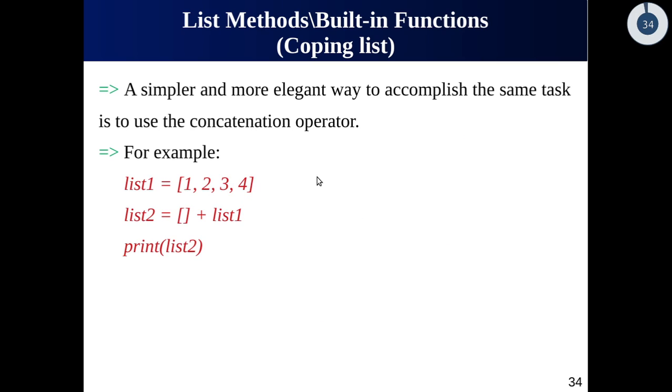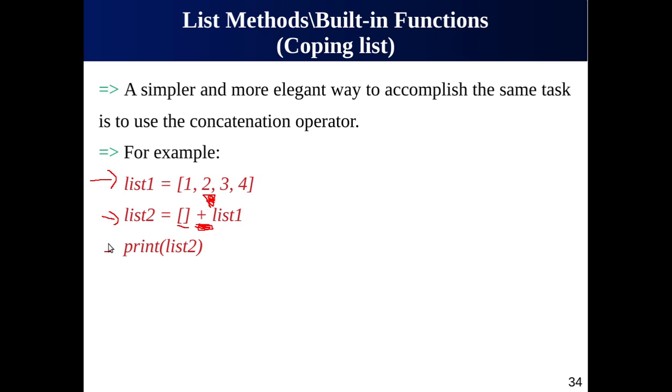We also have another way of making a fresh copy, and that is a simpler and more elegant way to accomplish the same task, by using the concatenation operator. Remember, the concatenation operator will join two lists. So we have list1, and we have an empty list, and we want to combine these two lists with the help of the concatenation operator.